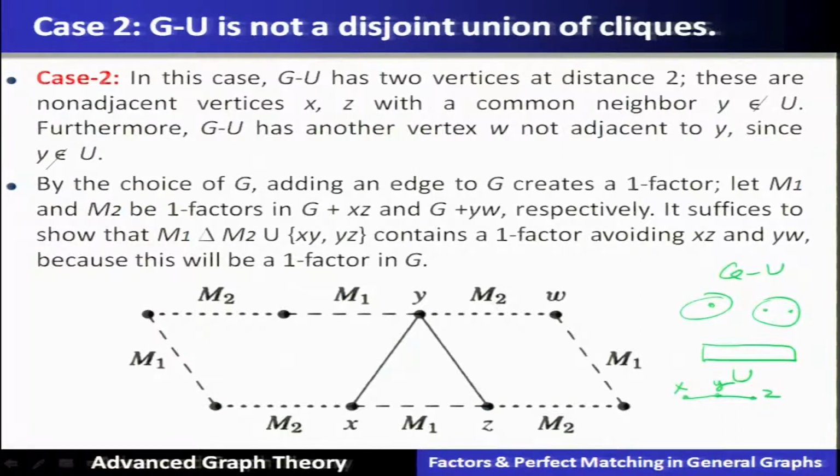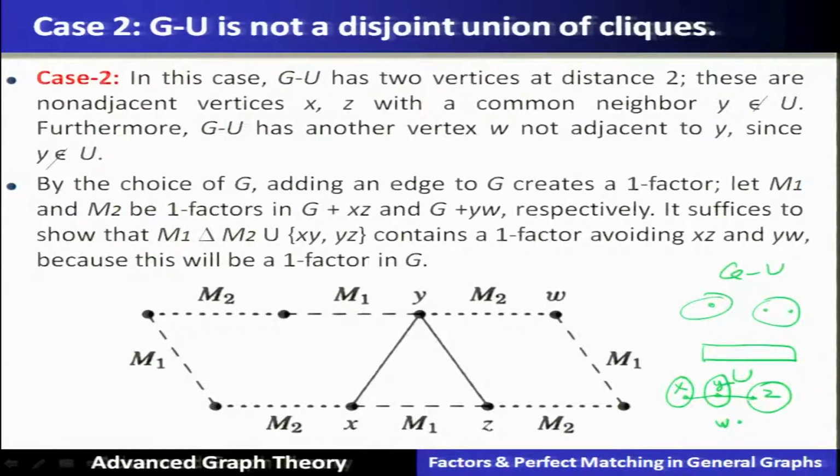Furthermore, G minus u has another vertex w not adjacent to y, since y is not in u. So, we now have x and z, which are not directly connected, y is there, and w is also there.